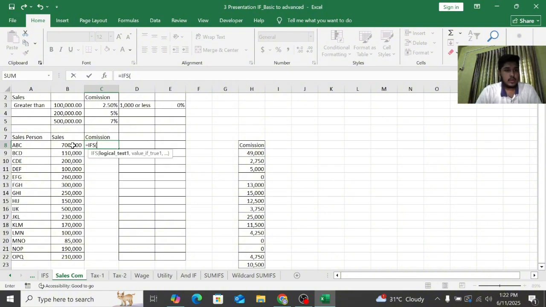So let's start with this one. If our sales is greater than 5 lakh, what does the salesperson get?